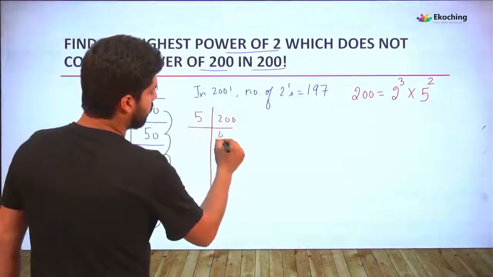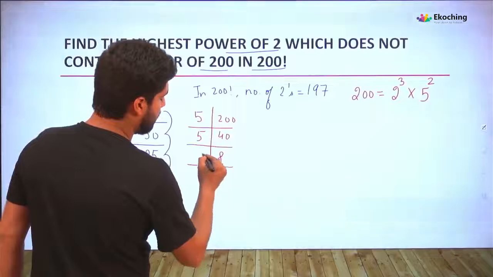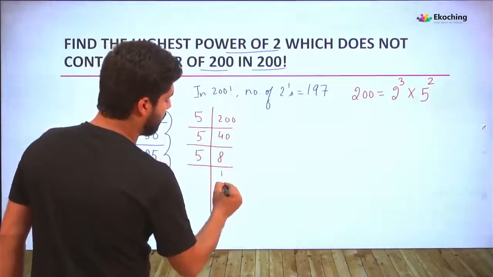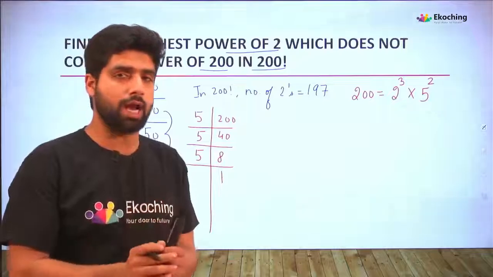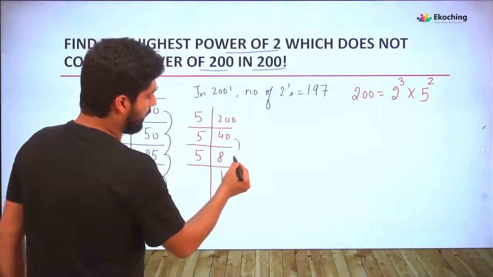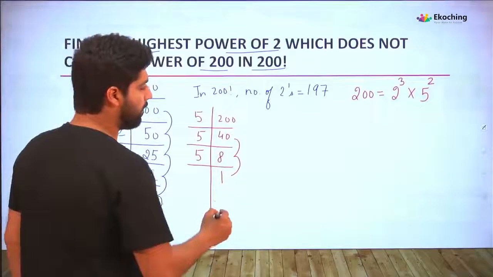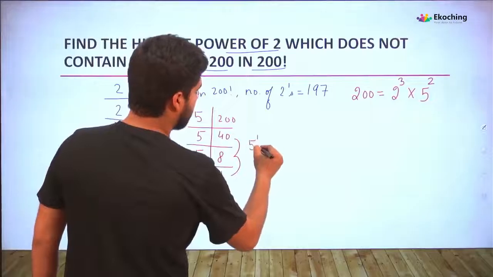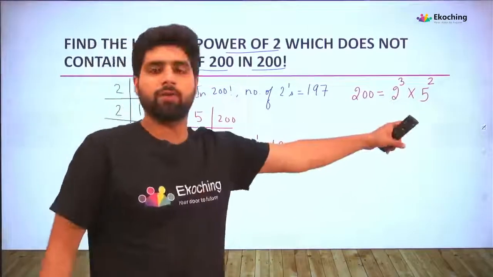So dividing this 200 by 5 will give you 40. This will give you 8. 8 on dividing by 5 will give you quotient 1. As I told you, we just need to write only the quotients here. So this 40 plus 8 plus 1, we have 49 fives. Number of fives are 49. But how will this 200 be made?